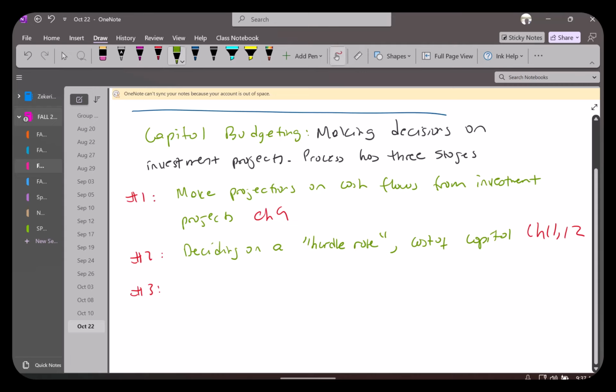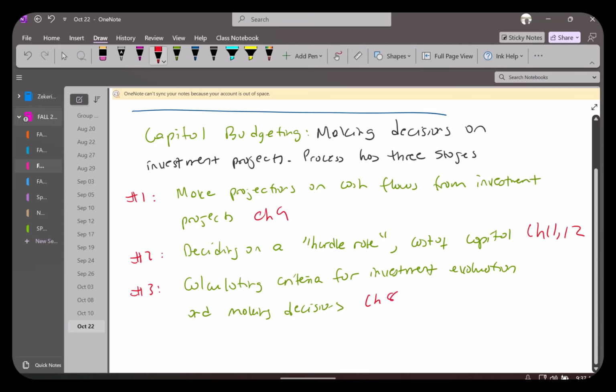The last stage is actually calculating criteria for investment evaluation and making decisions. This is precisely the topic of chapter 8.